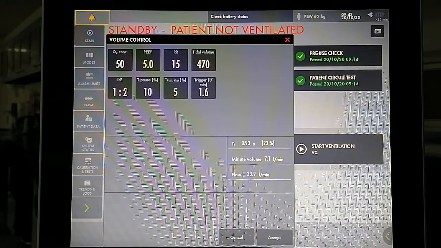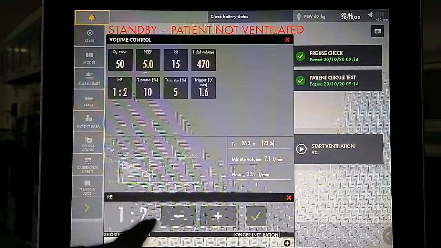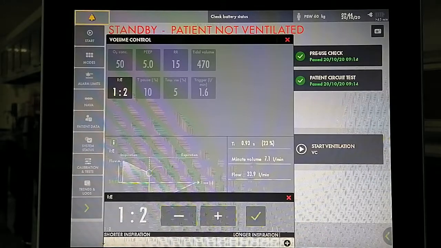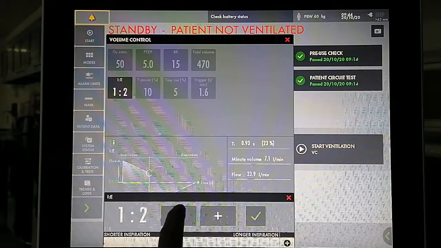But of course it depends on your patient. If the patient is fully sedated, then you can set the usual ratio and the trigger flow, etc. Okay, so we go to the IE ratio. As you can see, when you manipulate it, it changes your inspiratory time and flow.